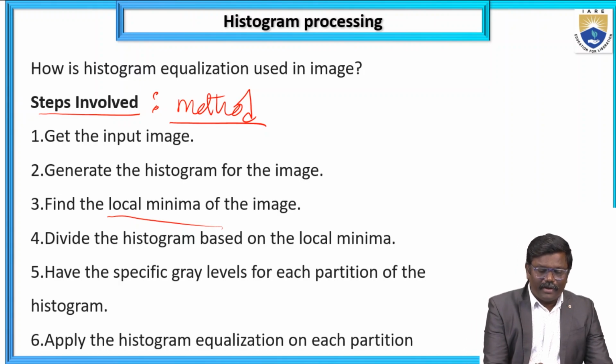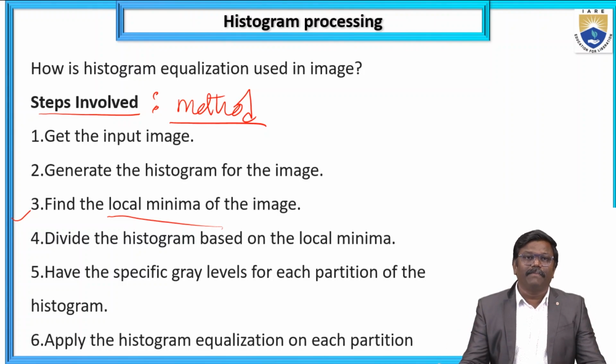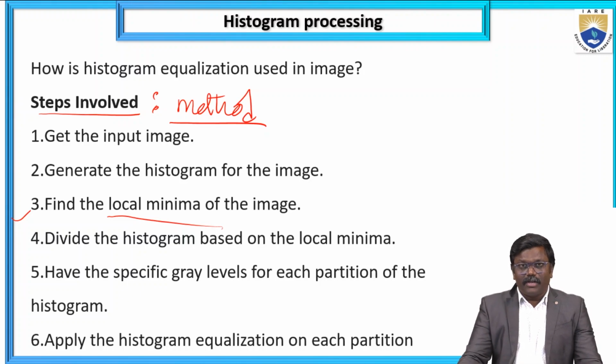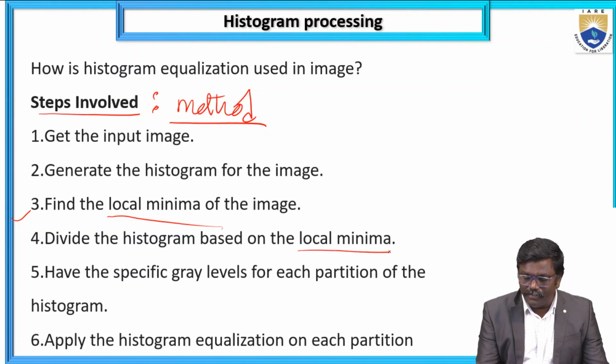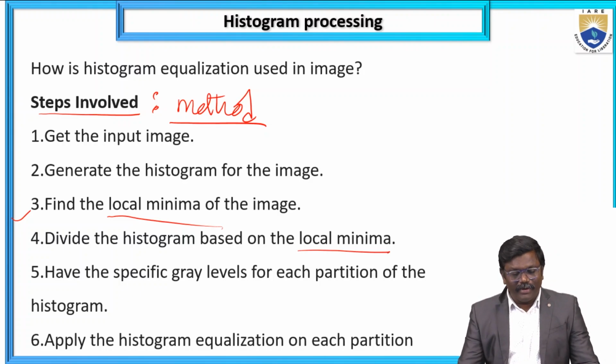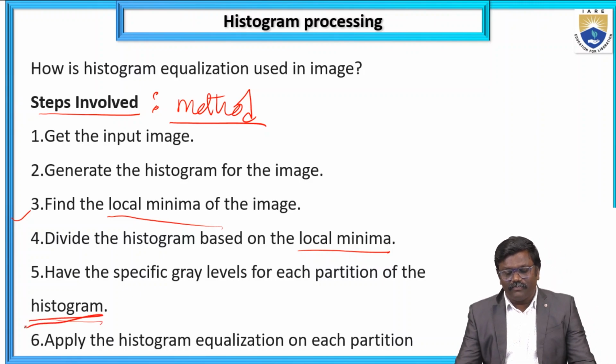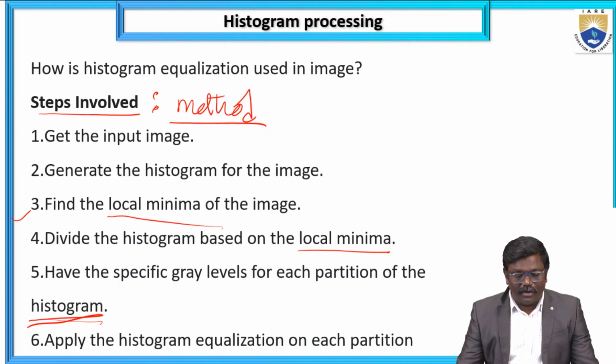Once step number 3 is over, we apply step number 4: divide the histogram based on the local minimum value. Then step number 5: have the specific grade levels for each partition of the histogram. We are concentrating on that.